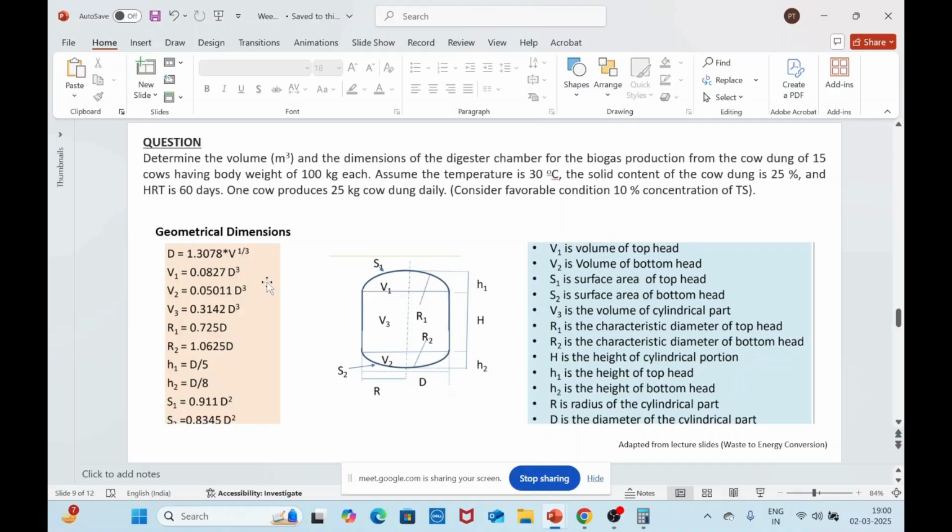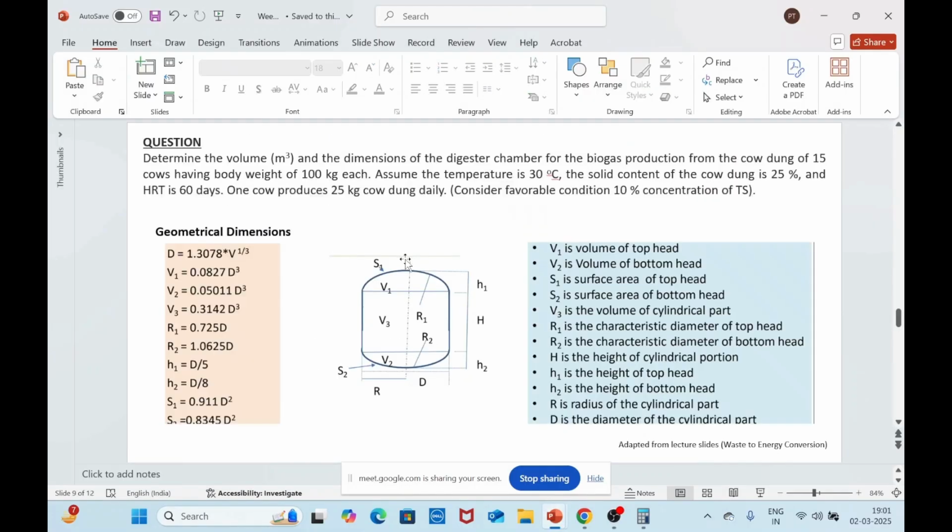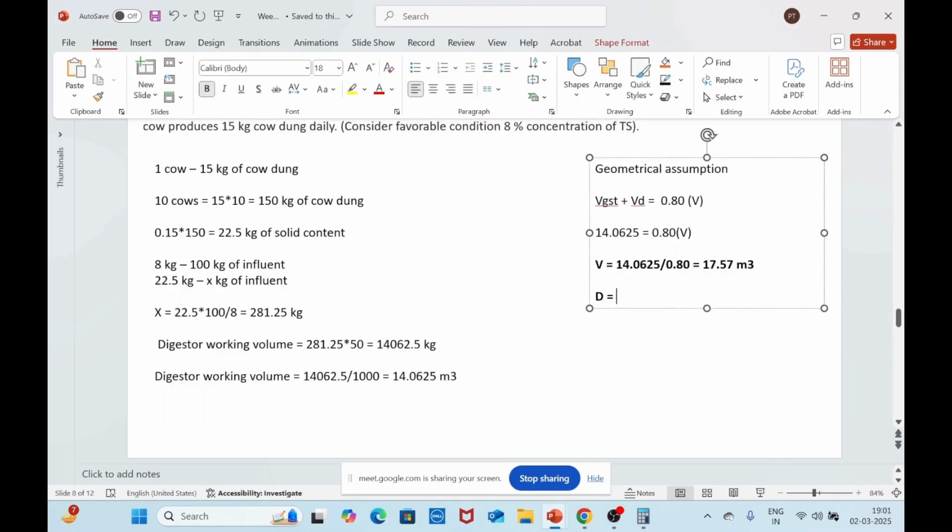So instead of solving this question, I will calculate D here itself. So D is nothing but, what is the formula? 1.3078 times V power 1 by 3.